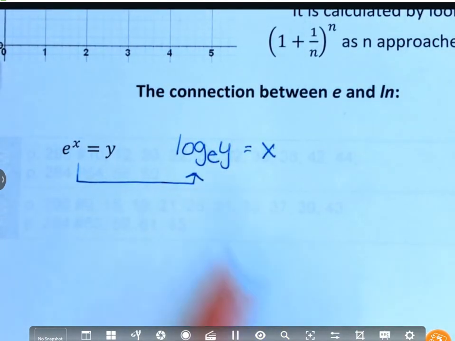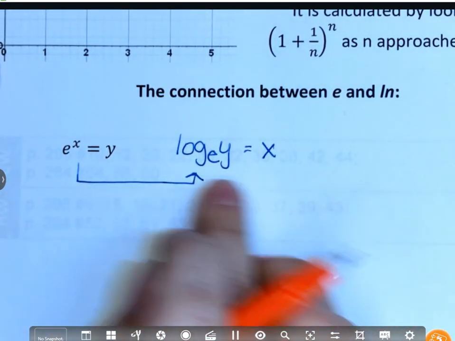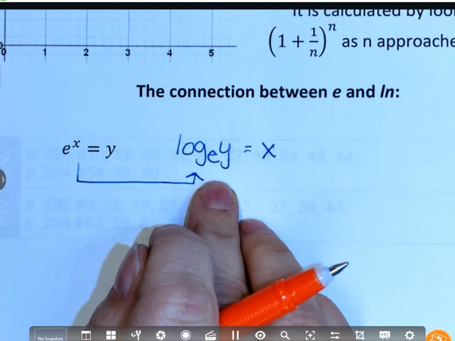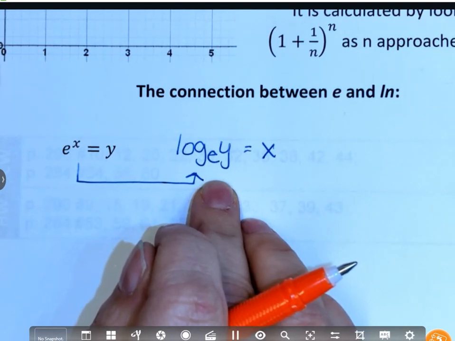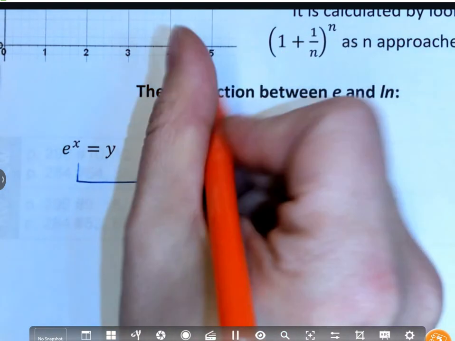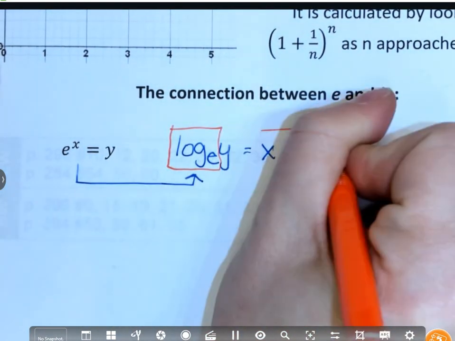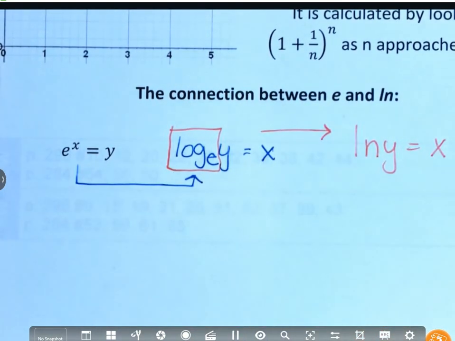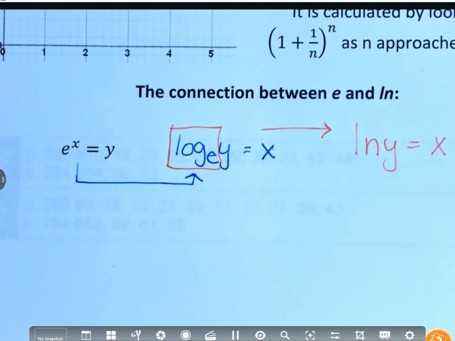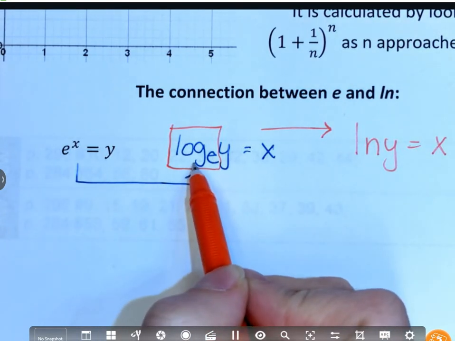That's all well and good. That's a correct statement. That is not simplified. It's like if you said 2 to the 2/4 power. Yes, that's correct, but it's not finished. Whenever you see log base e, that means ln. And if you see an ln, that means log base e.